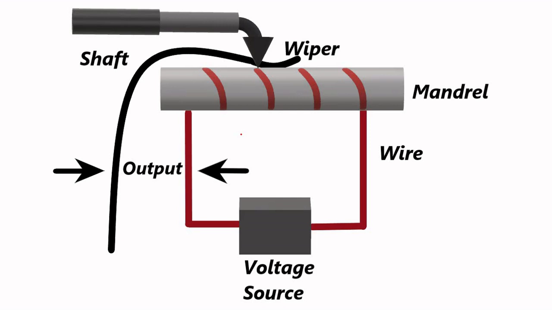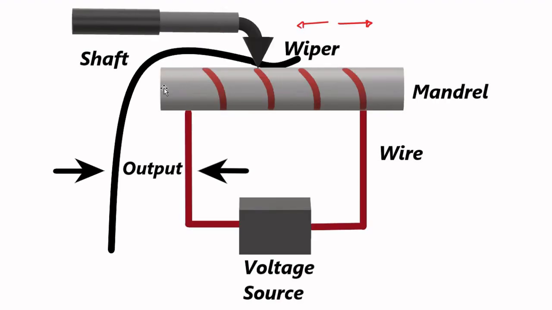Over the mandrel we have an arrow-shaped thing connected to a rod, to a shaft, and it is free to move either way, in this direction or in this direction. Let me use a clean slide to show.